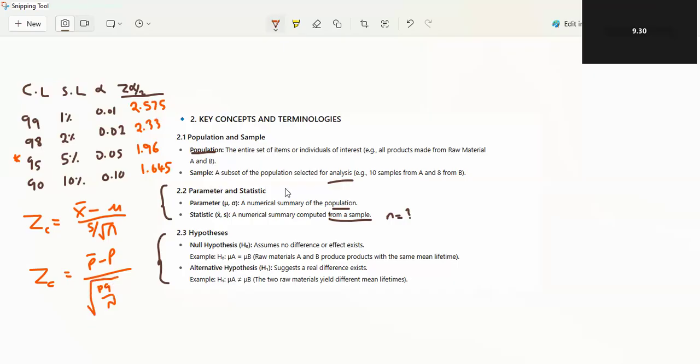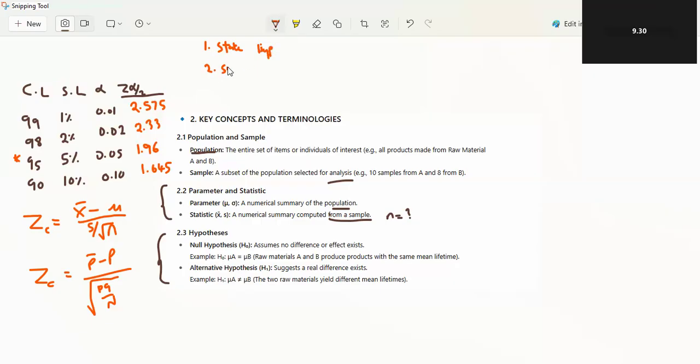So we now want to calculate the Z. The Z is simply a difference between two values. Okay? Step one, you need to state the hypothesis. Step two, state the level of significance.